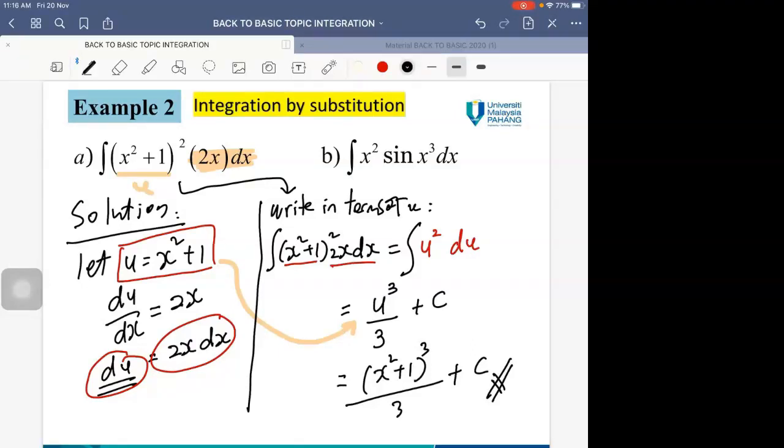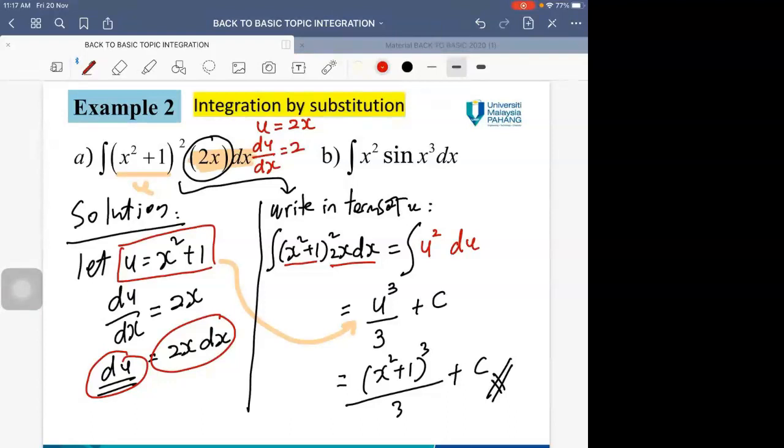Let's say you choose the wrong u. If I give you another method, if you choose 2x as u, why can we not choose it? Because if you choose u equal to 2x and differentiate du with respect to x, you get 2.